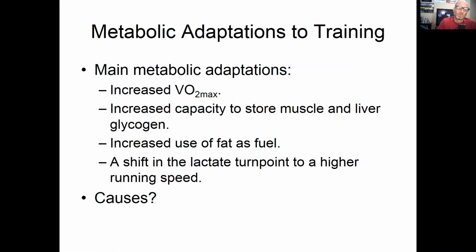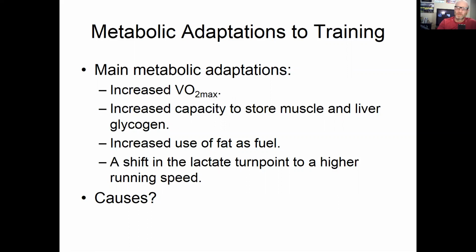But if we take someone who's already fit, we may not see much change in VO2 max, but we can see a change in performance. Increased capacity to store muscle and liver glycogen, increased use of fat as a fuel, a shift in the lactate turn point to a higher running speed, better running economy, less rate of oxygen consumption to run a particular speed. These are all main metabolic adaptations.